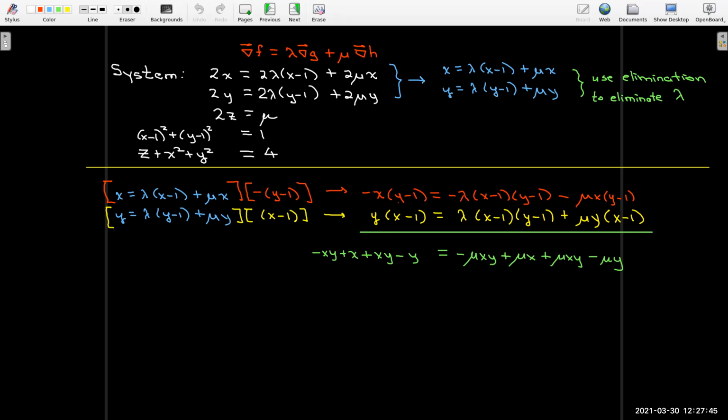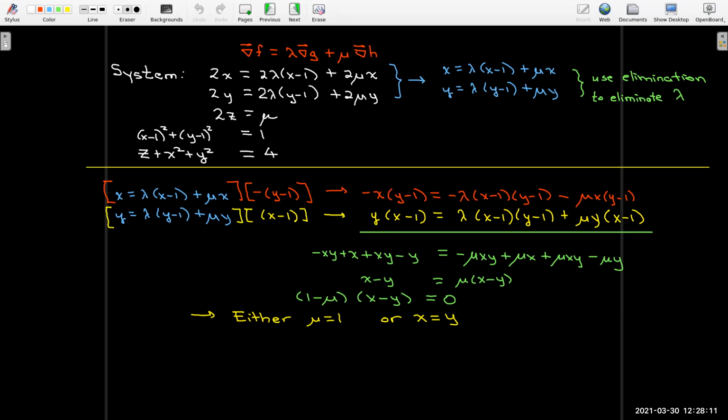And as I did previously, I went ahead and removed the parentheses in the remaining terms. And I can rearrange those as follows, which tells me that 1 minus mu times quantity x minus y equals 0, giving me the solution that either mu equals 1 or x equals y.